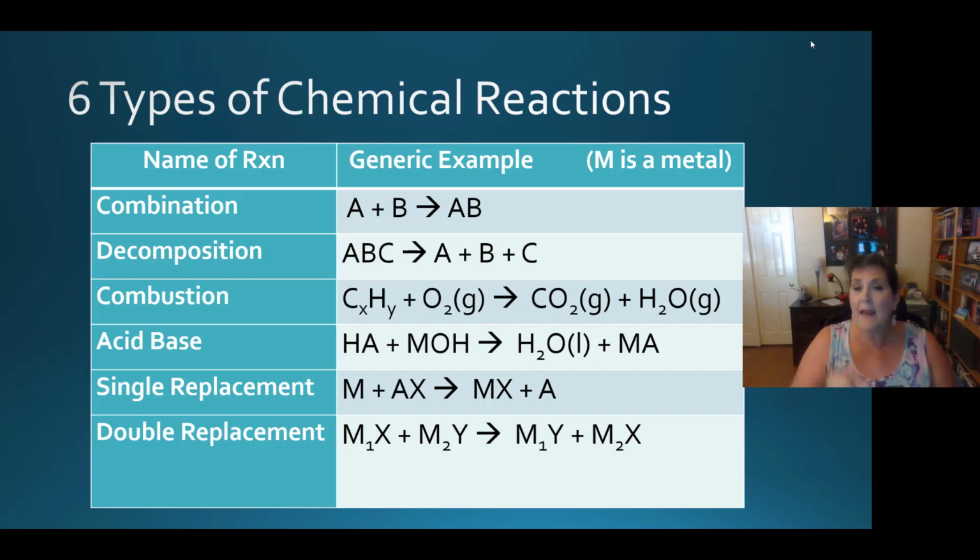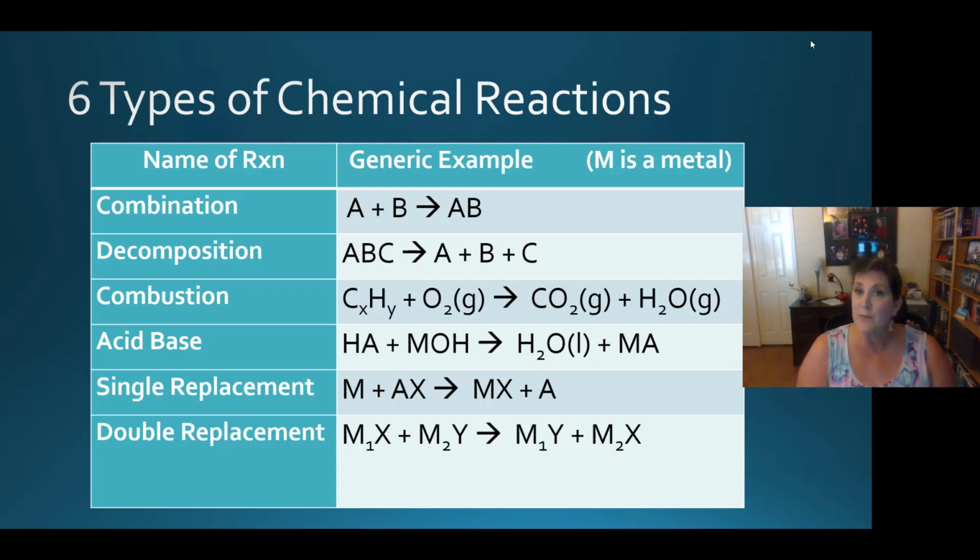Now remember, if you're writing this reaction out, you have to check your charges of your metal and your non-metal to make sure they add up to 0. For example, sodium chloride, Na is a +1, Cl is a -1, +1, -1 adds up to 0. So 1 Na and 1 Cl come together. It's not always +1, -1 though, so check your charges.